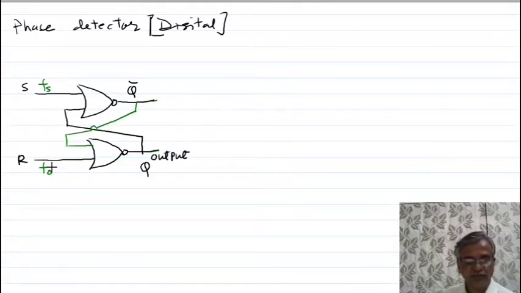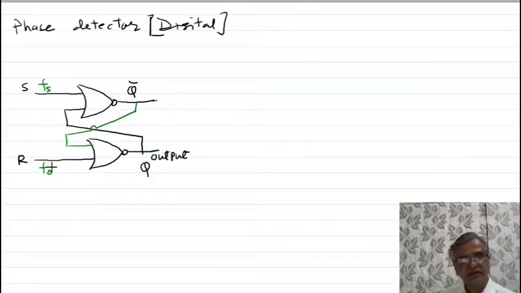The output of the RS flip-flop changes state on the leading edge of Fs and Fo, as shown in the figure.